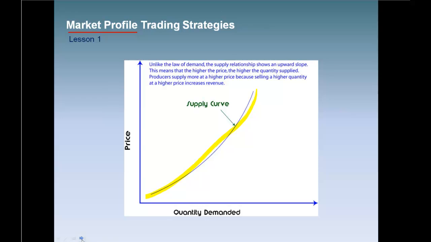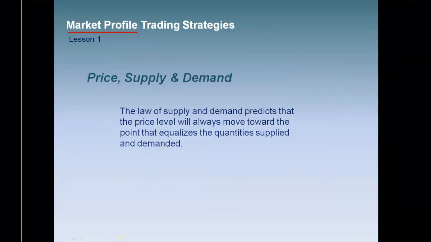But what's really important and interesting here is the dynamic between these two curves. So the dynamic really involves both the supply and the demand. And the law of supply and demand actually helps us to predict and anticipate the price level where the price will move to a point where the demand and the supply, in fact, are equal.